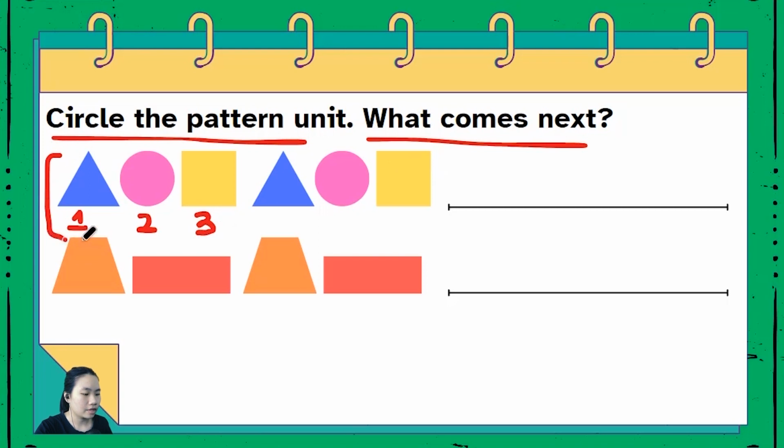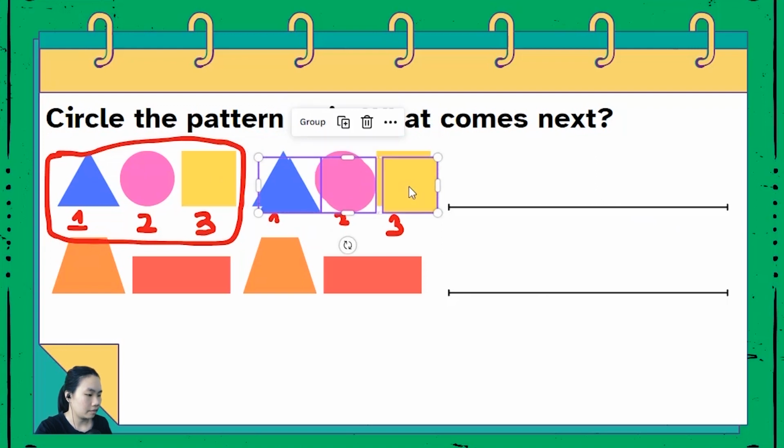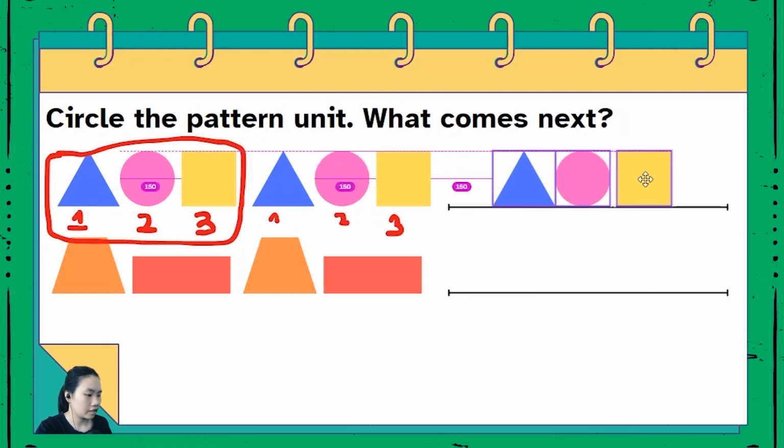That is our pattern unit right over there, okay? 1, 2, 3. Let me erase this upper part. So, what comes after this? 1, 2, 3, triangle, circle, square, okay? Let me just copy and paste over here, okay?